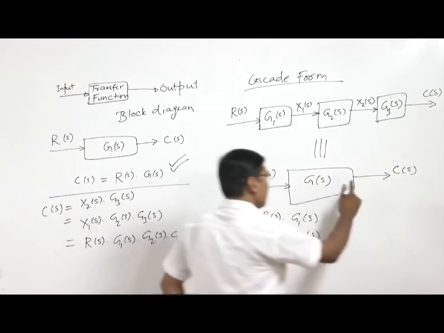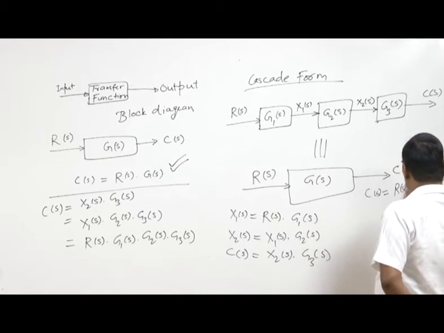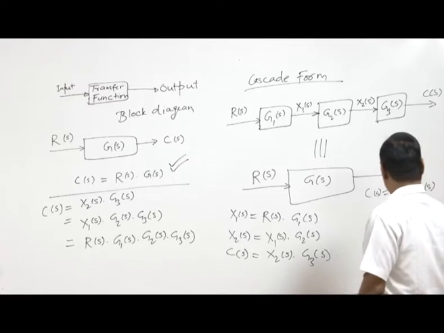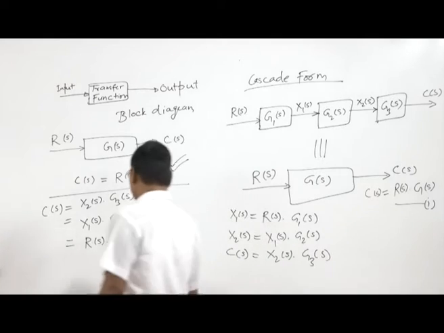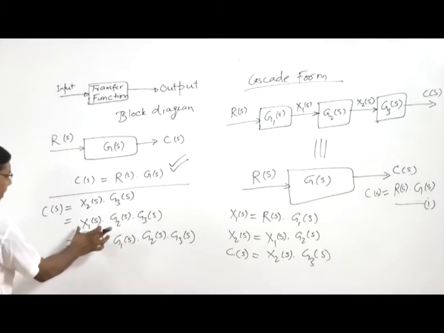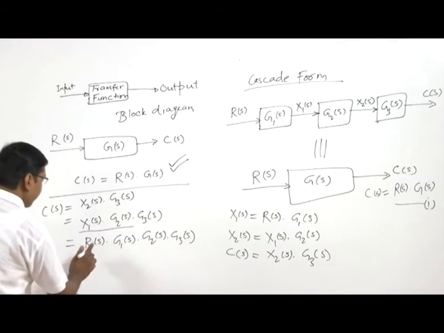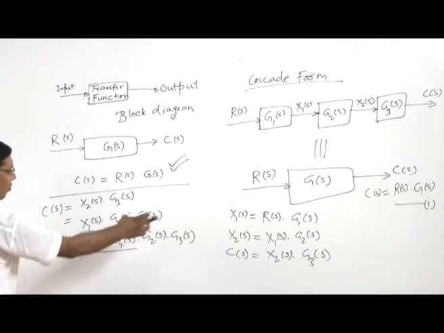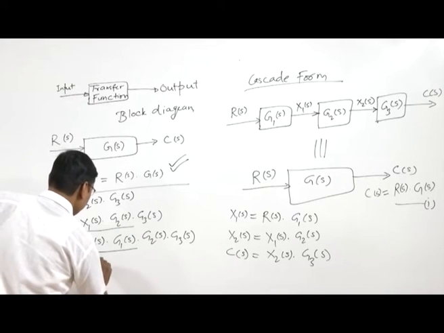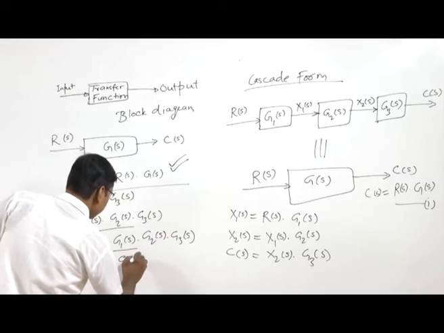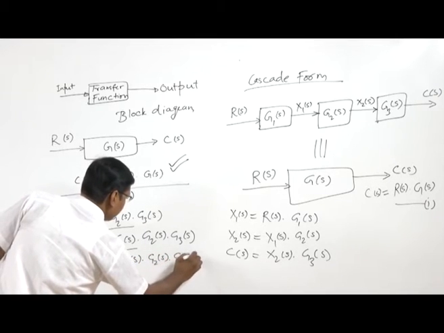Here C(s) is equal to R(s) into G(s). X2(s) we can write as X1(s) into G2(s). Now X1(s) we can write as R(s) into G1(s). So finally we get R(s) into G1(s) into G2(s) into G3(s).